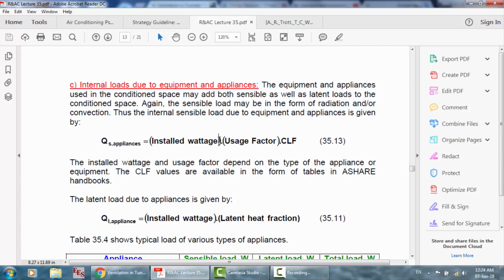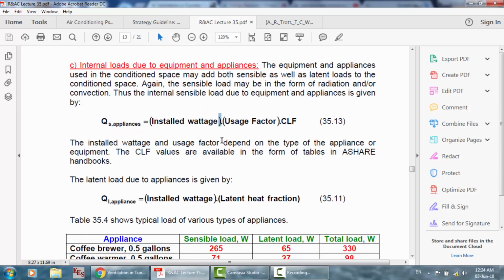And we talked about the electrical wattage in the energy simulation, for energy modeling, to get the electricity consumed, not the heat. So heat is used here: the installed wattage in heat, multiplied by the usage factor, multiplied by the CLF.